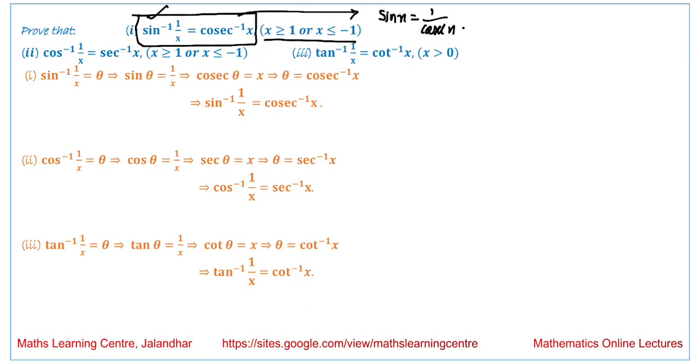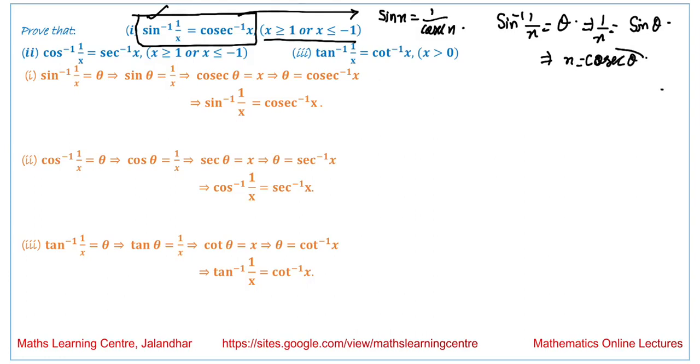To prove this result, we consider that sine inverse of 1 by x is equal to theta. This implies that 1 by x is equal to sine theta. This implies x is equal to cosecant theta.